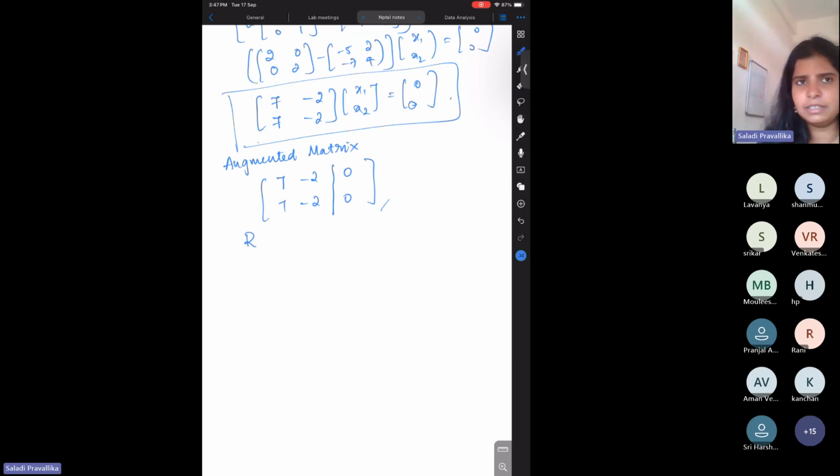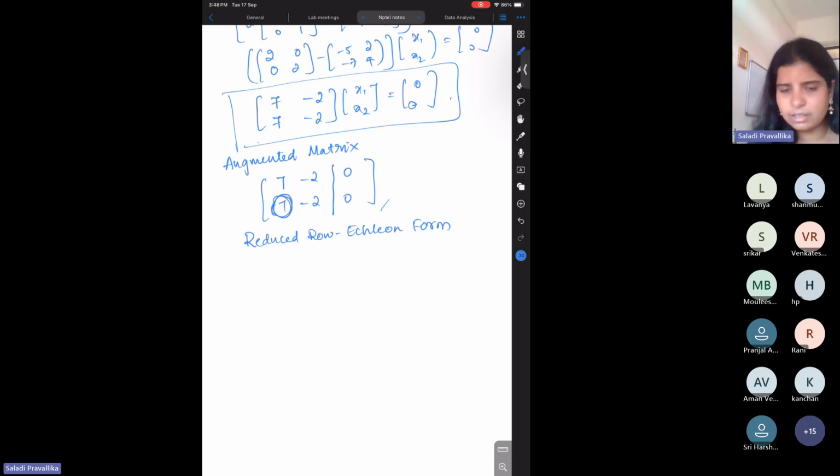What I am performing is something called reduced row echelon form, where I want to make this one equal to 0. Okay, by doing some row operations, I want to make this one equal to 0.